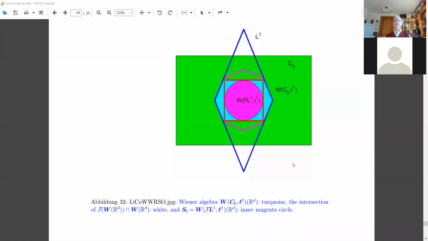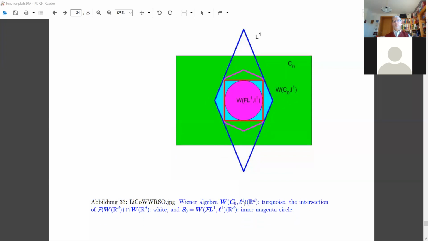Now, if you do the same thing inside of C0, you can take a function in C0 and cut it into pieces. So what you really do is an upper Riemann sum, where the steps go from n to n plus 1, and you're asking that this is summable. So essentially, I will talk about this so-called Wiener algebra as something which is locally with a sup norm, globally with summability.